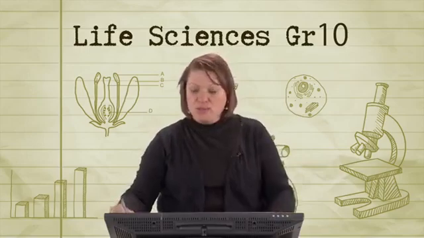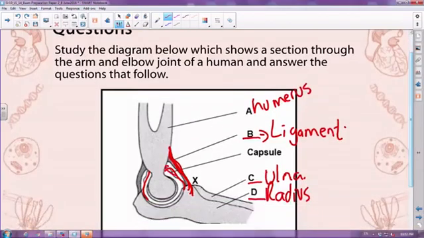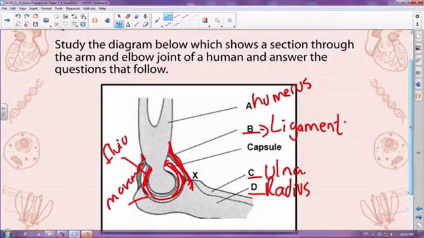So if we go back to our diagram, where the two bones meet, we have this space, and in that space we have the fluid. And what else do we have? We have movement, because that elbow is going to move up and down. So that capsule helps us with doing that.